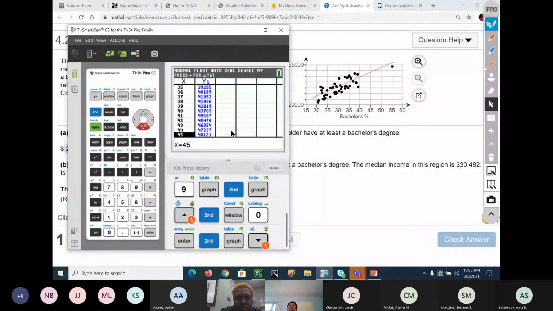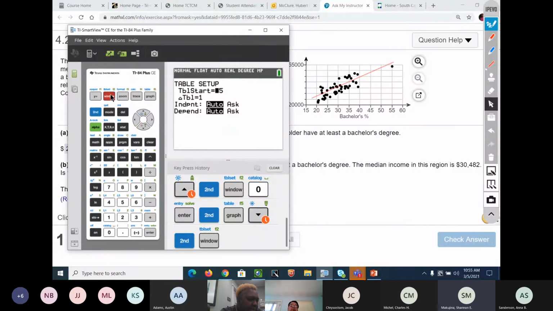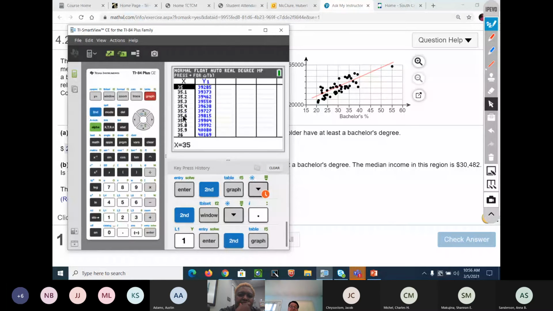Well, what if you want decimals, Hubert? Well, hit second, table set, and change that 1. You know what that 1 stands for? It means whole units. So what if I want a decimal to the 10th? Then I put 0.1 and enter and go to second table. And now my X's are in decimals.